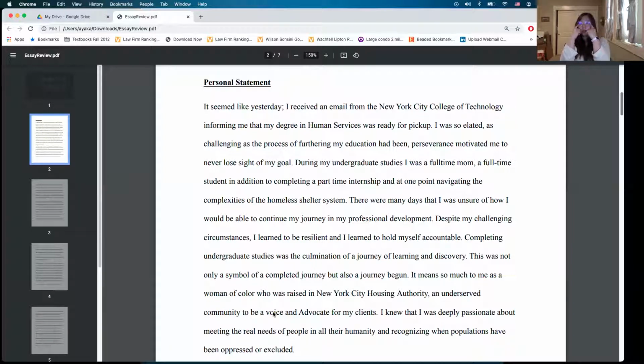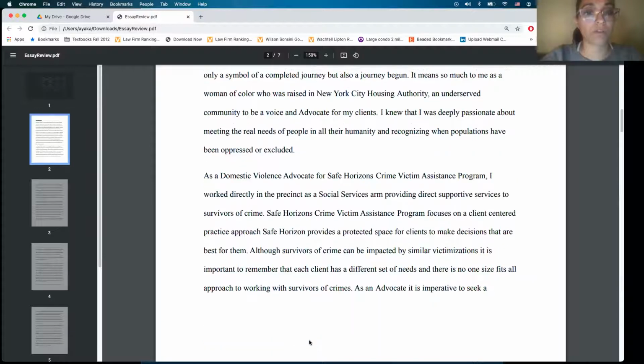For me, with this essay, I feel like I know where they want to go. There are a lot of other stories coming in that, as you say, lose focus. We have the story about working for the Safe Horizons Crime Victims Assistance Program.